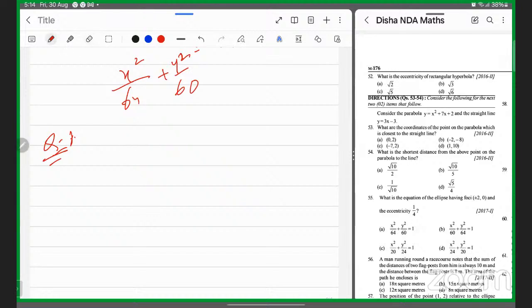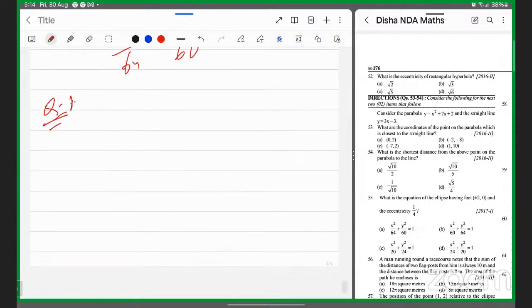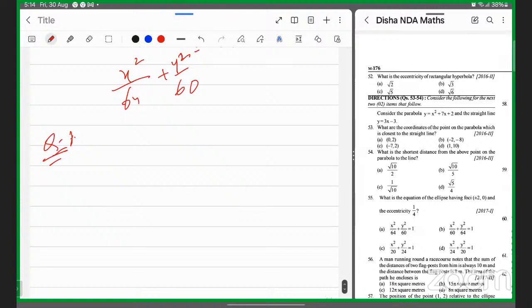First draw the curve. What should be the curve? Whether it will be positive or negative, tell me. Both will be negative, I hope. The graph will go like that.